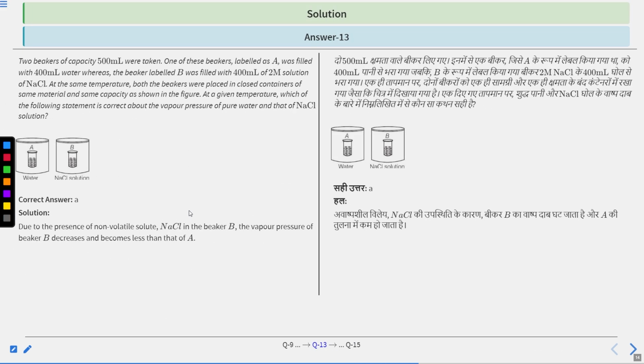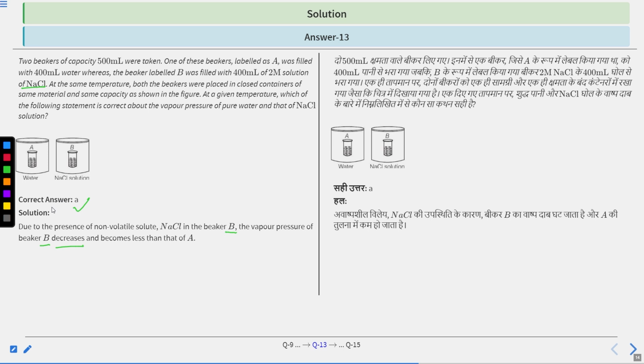Okay, so the correct answer is option A. Due to the presence of non-volatile solute NaCl in beaker B, the vapor pressure of beaker B decreases and becomes less than that of A. Right?